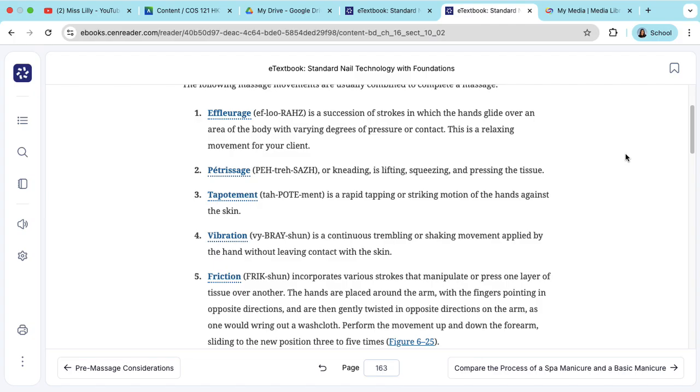The hands are placed around the arm with the fingers pointing in opposite directions and are then gently twisted in opposite directions of the arm, as one would wring out a washcloth. Perform the movement up and down the forearm, sliding to the new position 3 to 5 times.